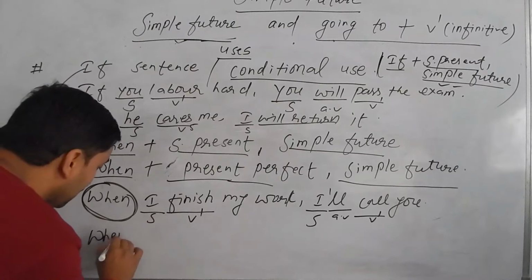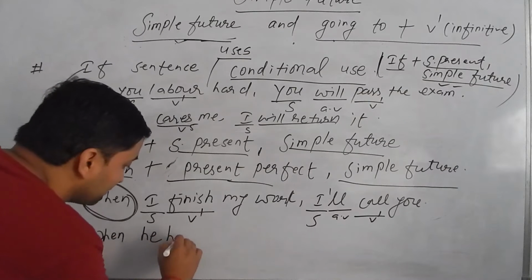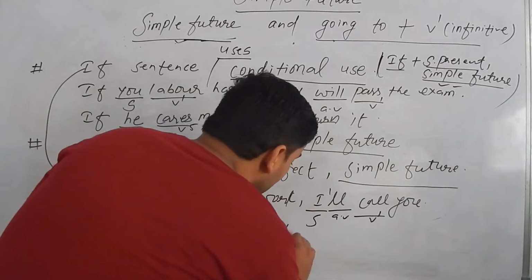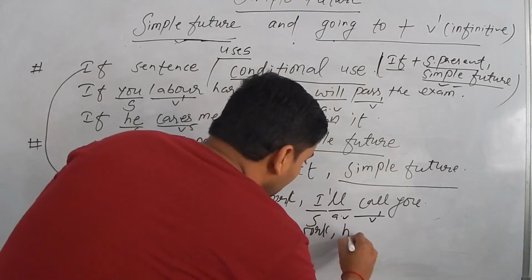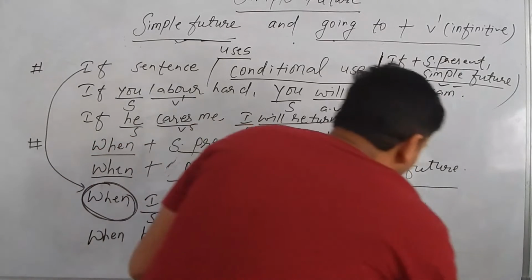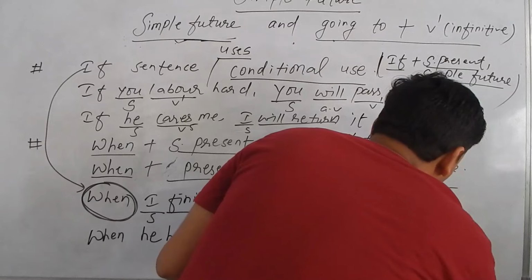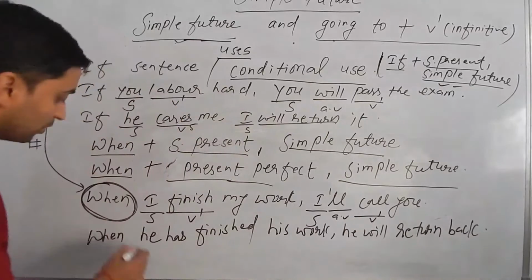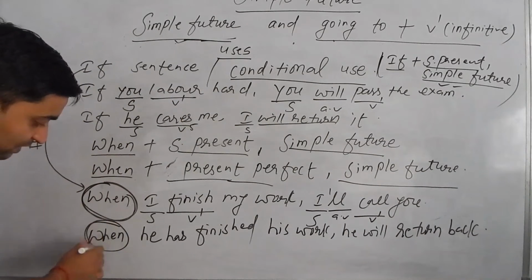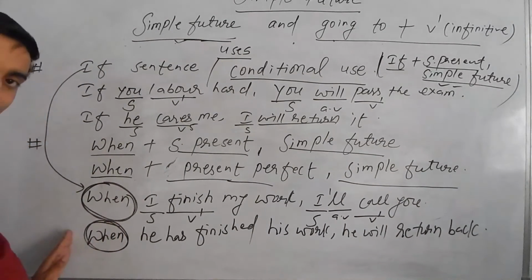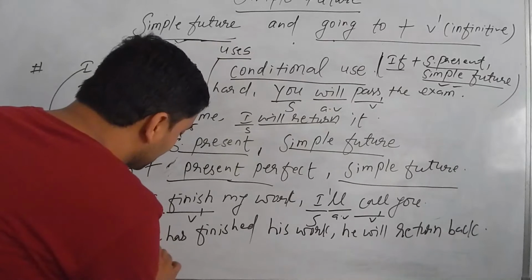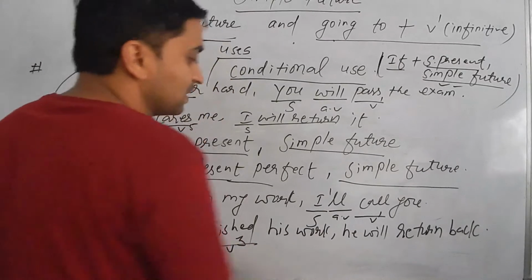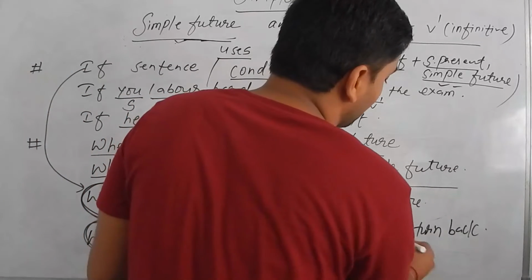See another example: when he has finished his work, he will return back. Here, when joins both sentences instead of if. This is the subject, this is the auxiliary verb, and V3, present perfect tense, and this is subject plus will plus V1.